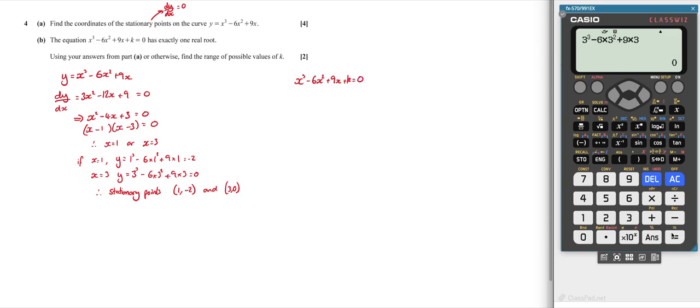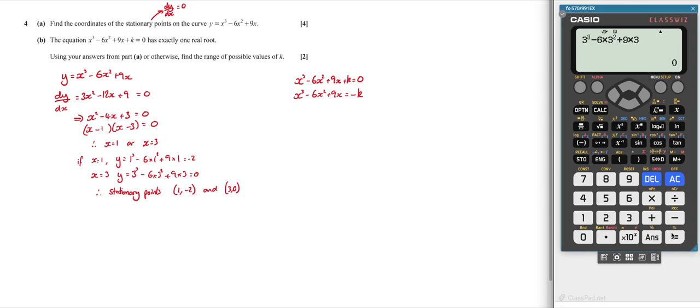If we do a little bit of rearranging, we can see that we've got x cubed minus 6x squared plus 9x is equal to negative k. Now the reason we want to do that is because that left-hand side is exactly what we had in the first part of the question.